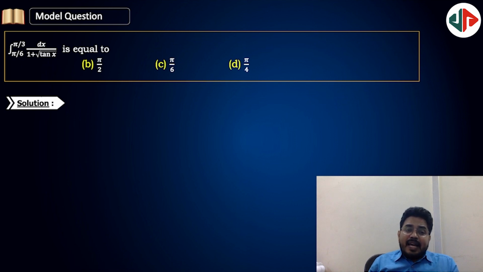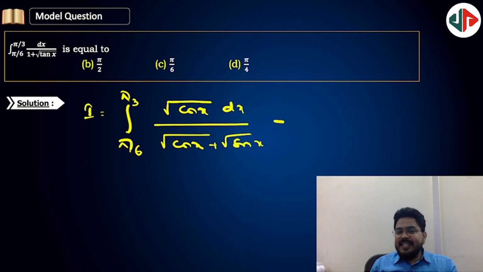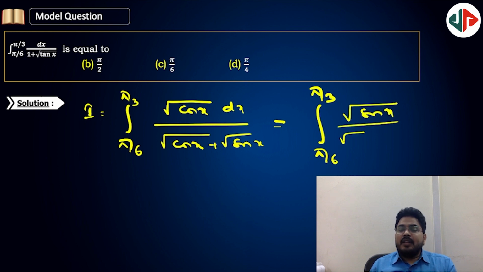Now it is another integral, pi by 6 to pi by 3. Maybe you can write root cos x dx by root of cos x plus root sin x. It is equal to integral a to b f of x dx is equal to integral a to b f of a plus b minus x. So pi by 2, cos of pi by 2 minus x is sin x by root.